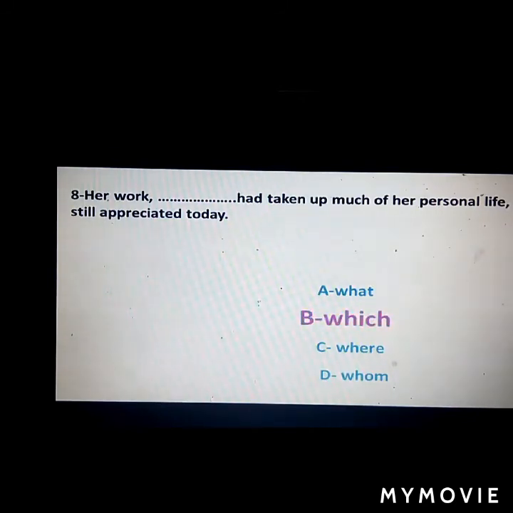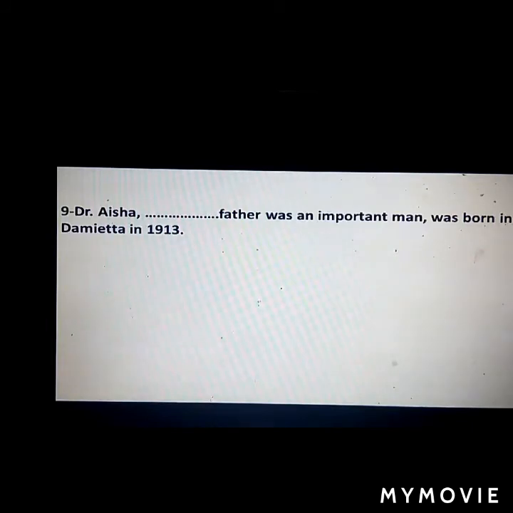9. Dr. Aisha, ___ father is an important man, was born in Damietta in 1913. Right.